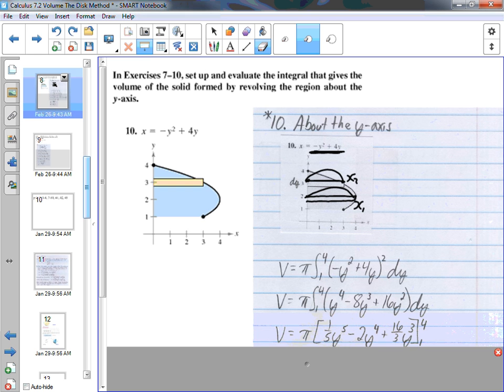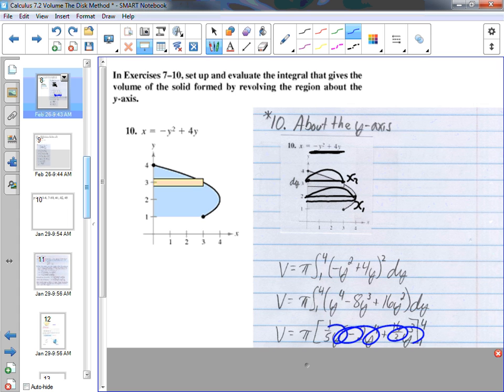So volume equals pi times, well, what's the antiderivative of y to the 4th? 1/5 y to the 5th. What's the antiderivative of negative 8y cubed? Negative 2y to the 4th. And the antiderivative of 16y squared? 16/3 y to the 3rd. Don't forget, evaluate it from 1 to 4.